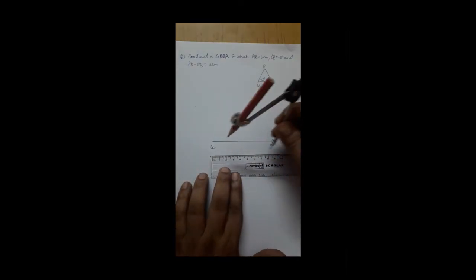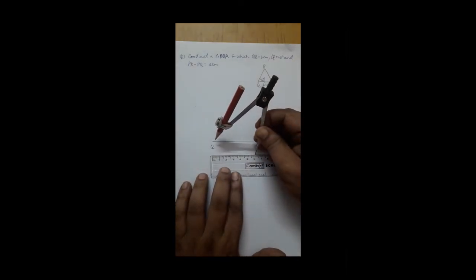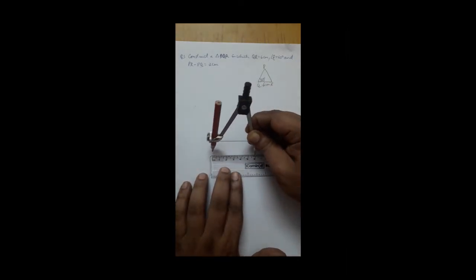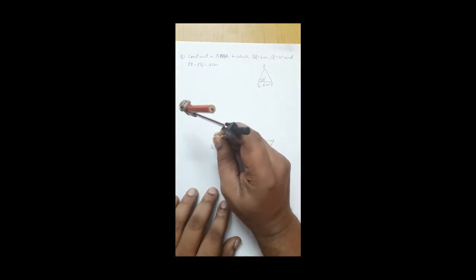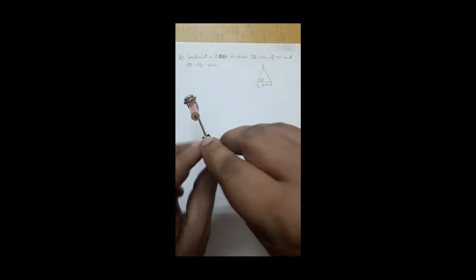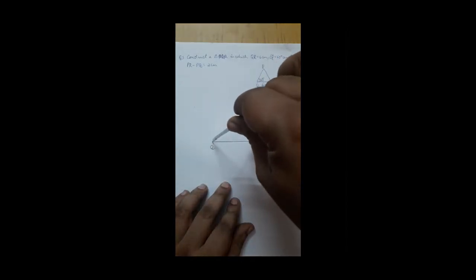Now with Q as the center, I will cut the line here. That is 6 centimeters. The point where the arc cuts the ray QX, I'll mark as R.